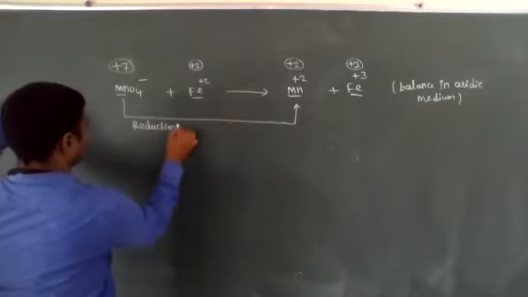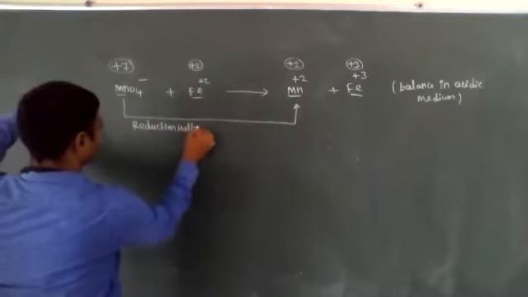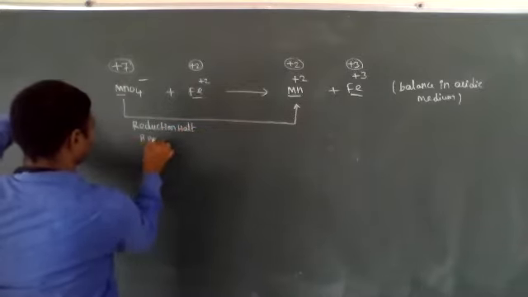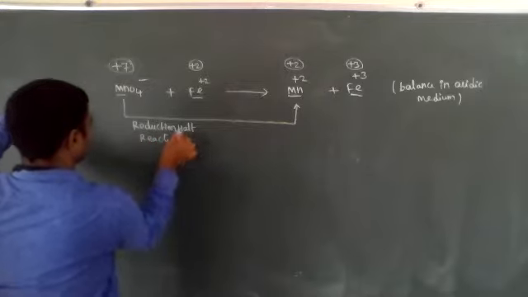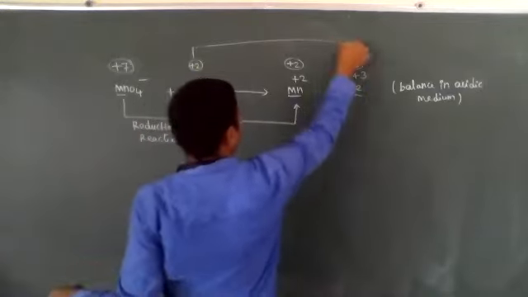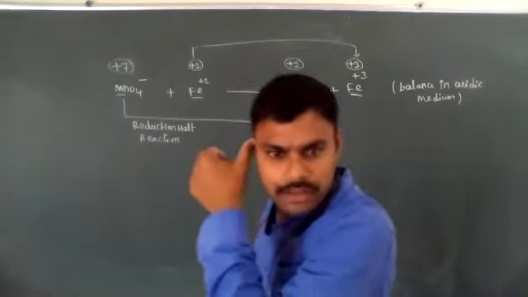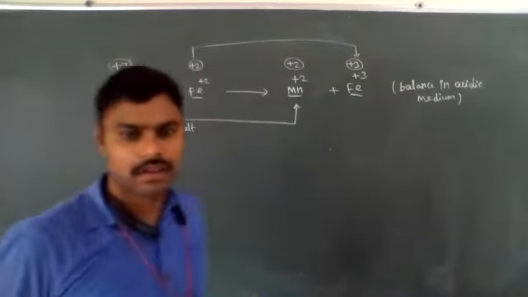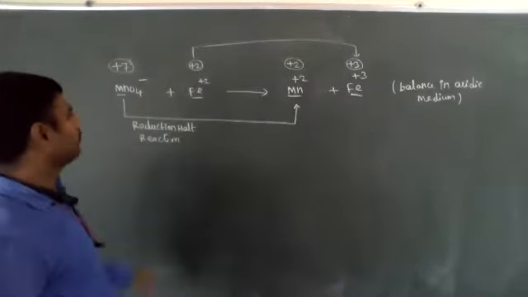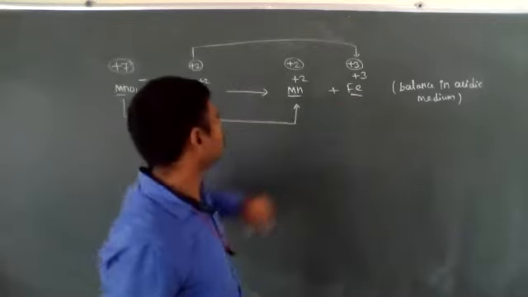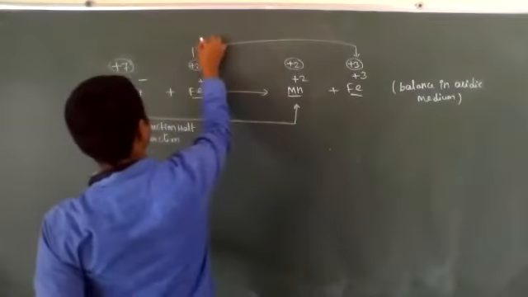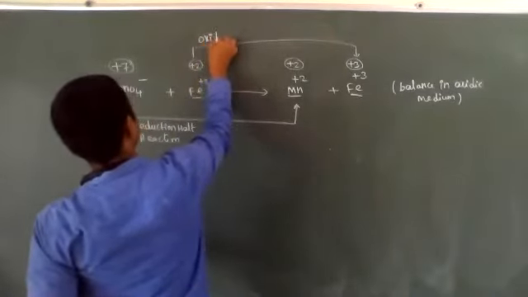Reduction half reaction. Next. Fe plus 2 is converted into Fe plus 3, which means it is an oxidation reaction.